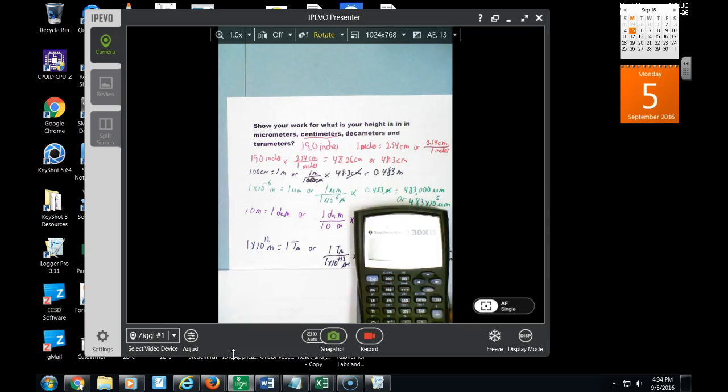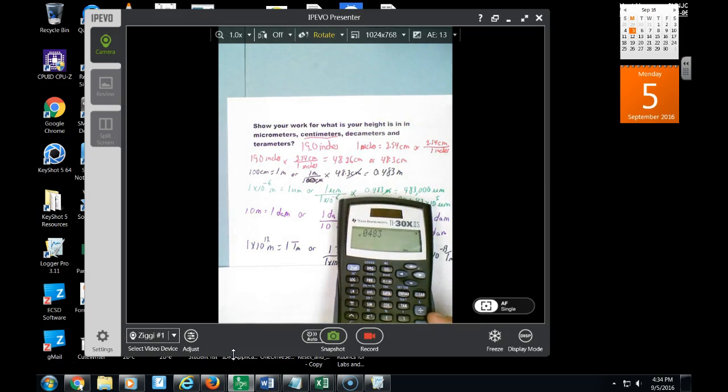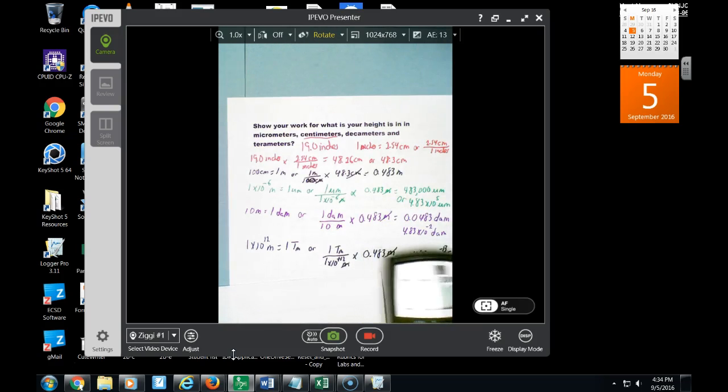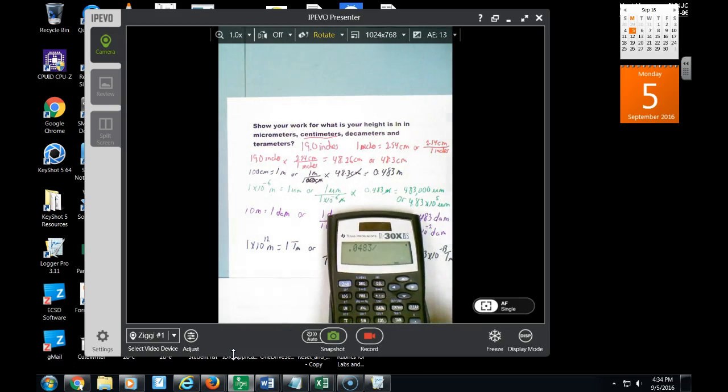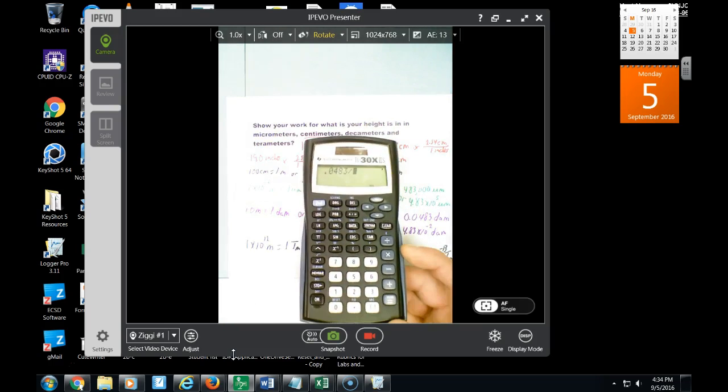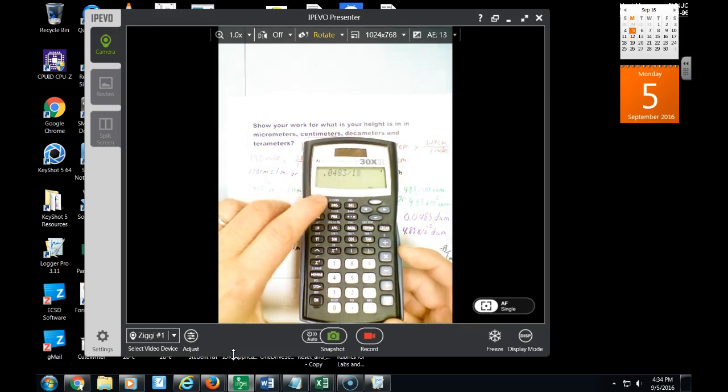I have 0.483, do that, divided by, so we can go on there, 1 second.